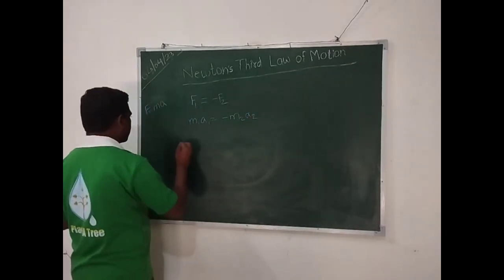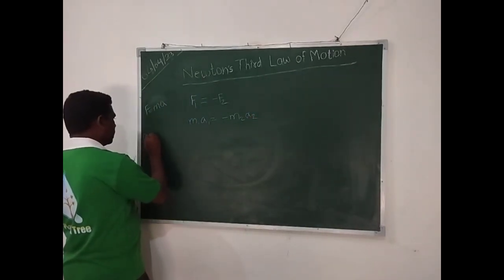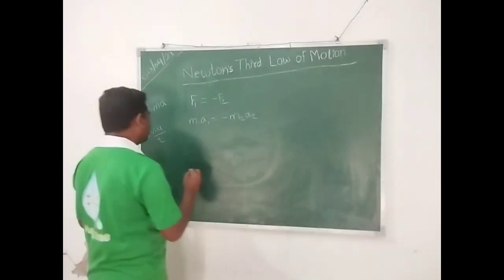Again, this acceleration is nothing but the rate of change of velocity, v divided by t, that is, v minus u divided by t.